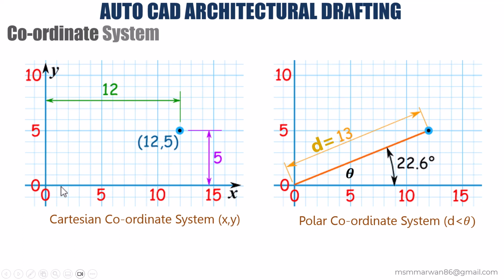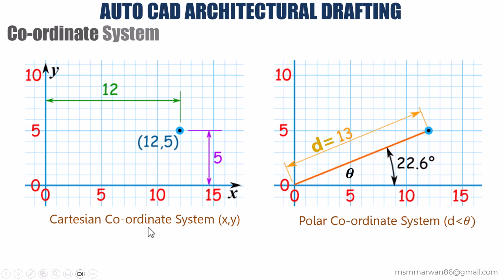First, we can walk along the x-axis 5 units, 10 units, 11, 12 units. So that is 12, and along the y-axis 1, 2, 3, 4, 5. If you define the position of a point using two lengths, two lines x and y, we call that coordinate system the Cartesian coordinate system.